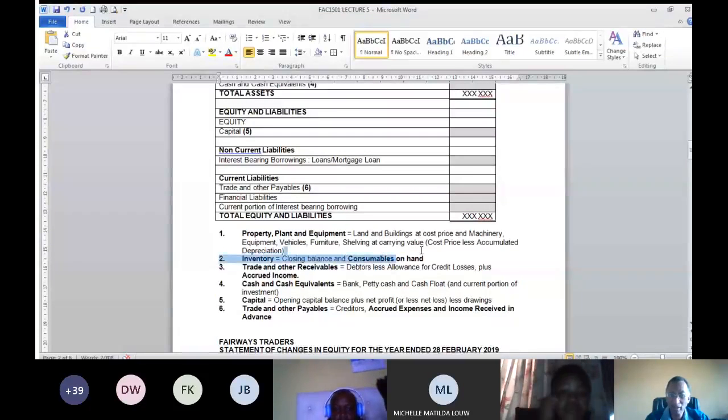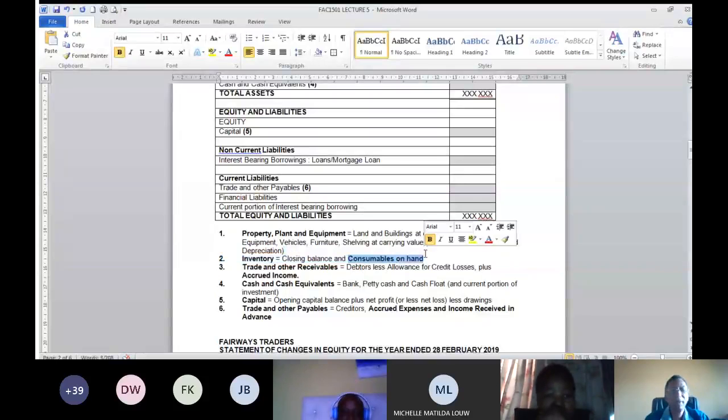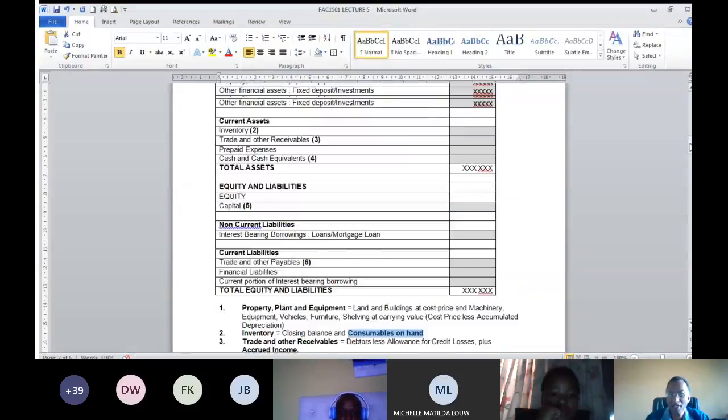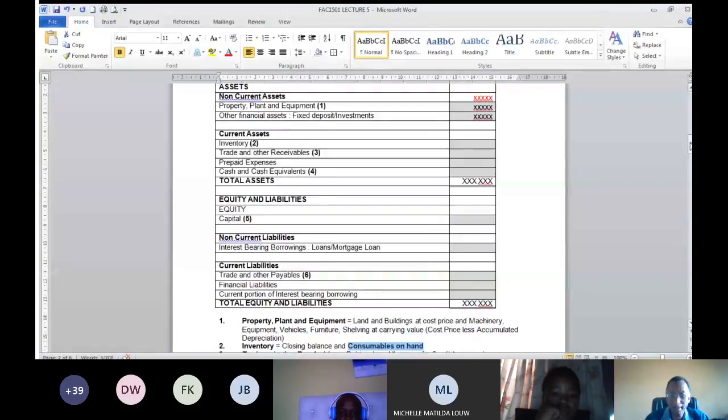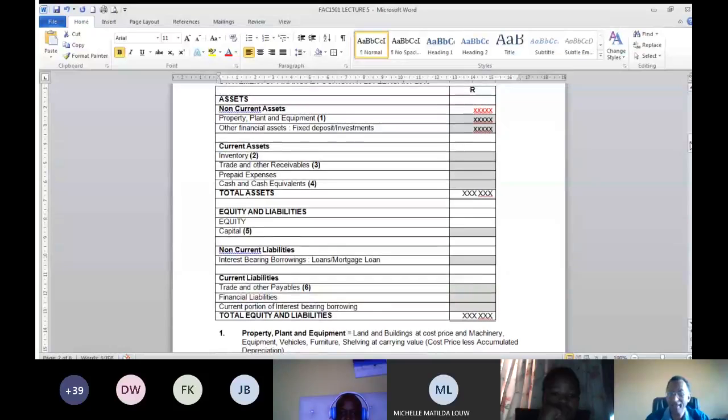Now, consumable items on hand will be under your adjustments, which we will discuss in our next lecture. It could include items such as stationery or packing material that is still left at the end of the year. That will be part then of your inventory.